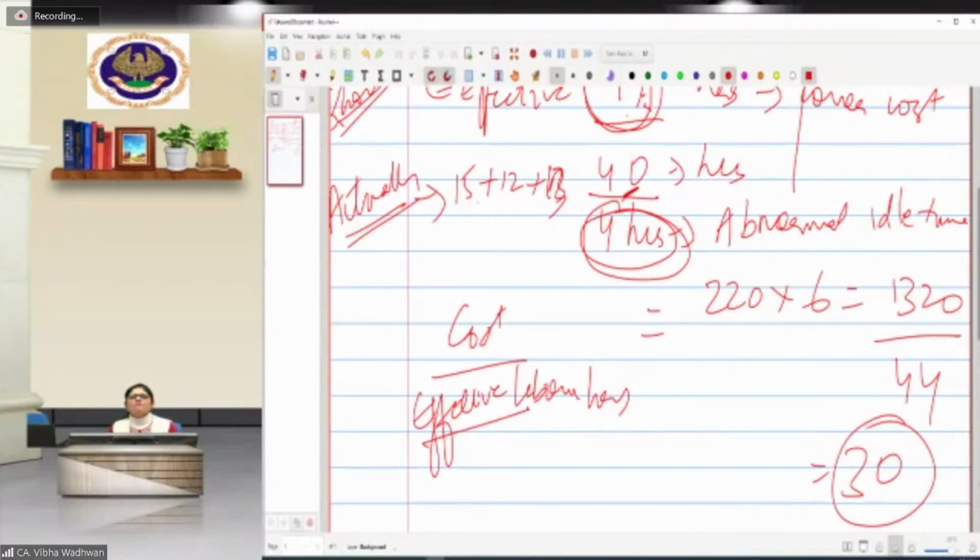You will give 40 minutes of break each day to a worker. But that 4 hours of abnormal idle time will not happen every week. We have to calculate the normal cost per hour. That's why we take only the normal idle time, and the effective hours will cover the cost of the labor.